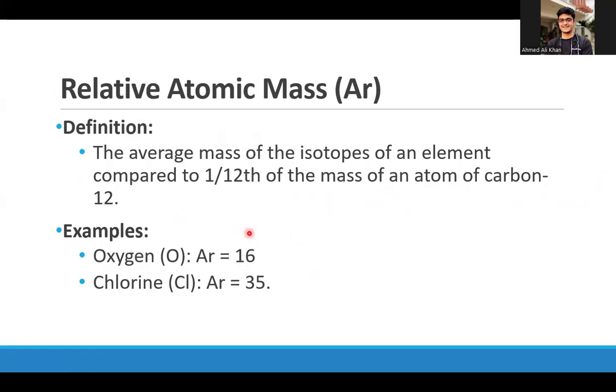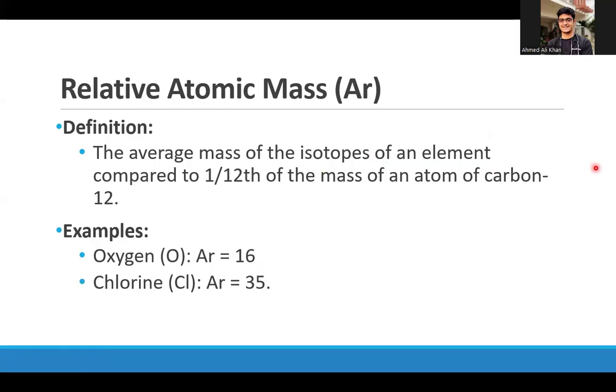Examples: the AR of oxygen is 16, the AR of chlorine is 35. Basically, the number written just below the chemical symbol of that element in the periodic table is known as the relative atomic mass. I need you guys to open up the periodic table on your phones. Just go on Google Images and open up the periodic table.